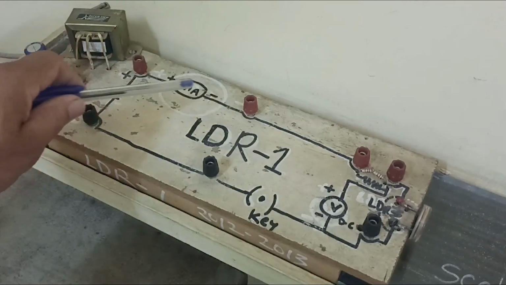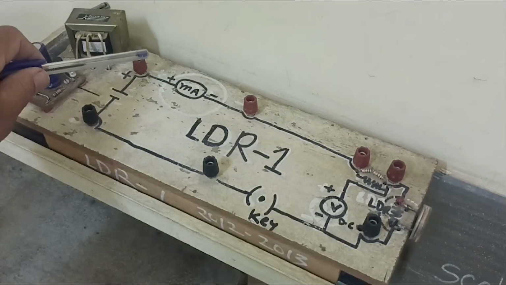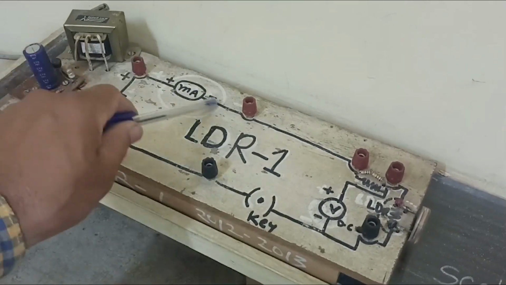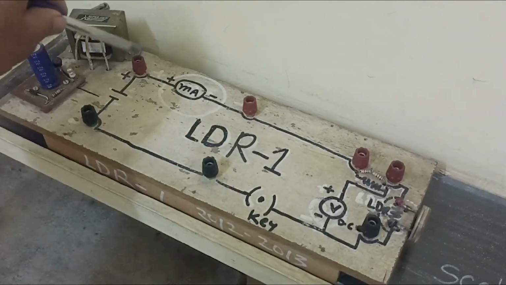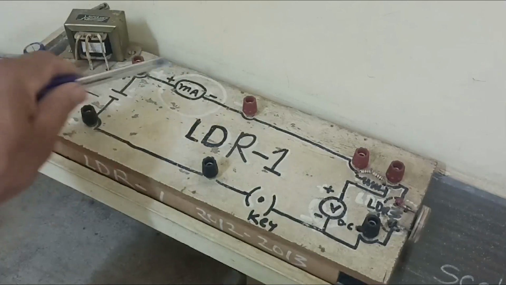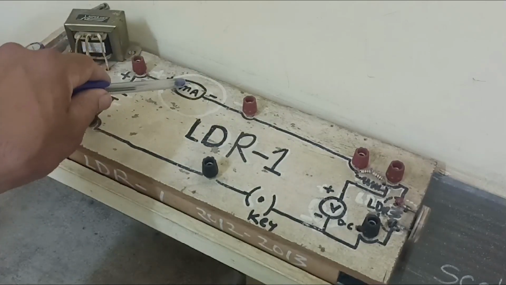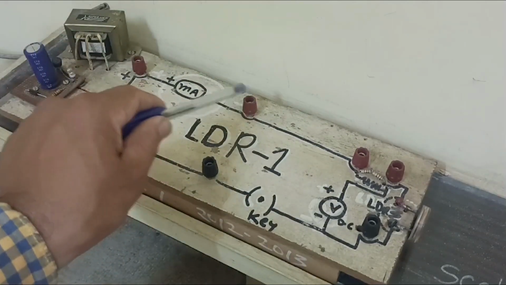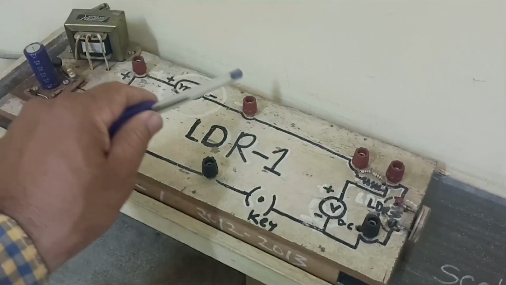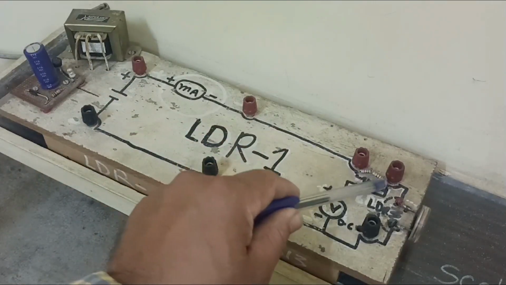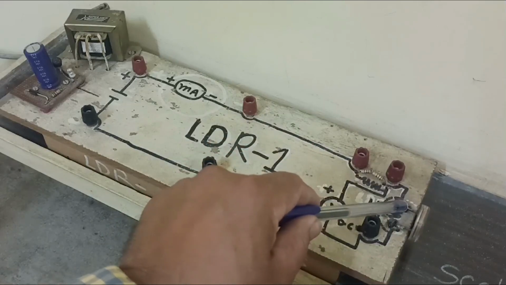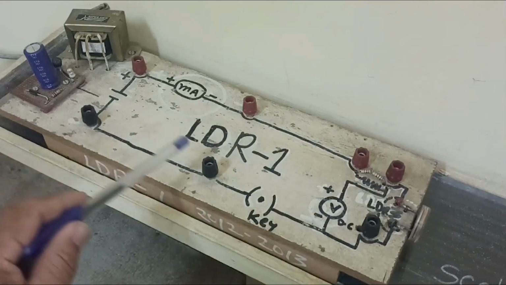After that, the output of this supply is connected here. Here we are connecting the milliammeter. The milliammeter positive is connected here, negative here, and then it is directly connected to this resistance terminal. Same thing, this negative is connected here.